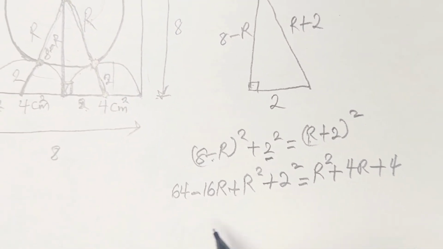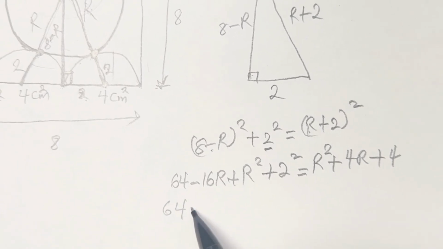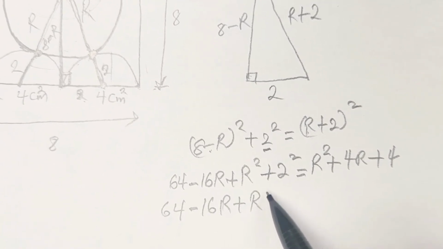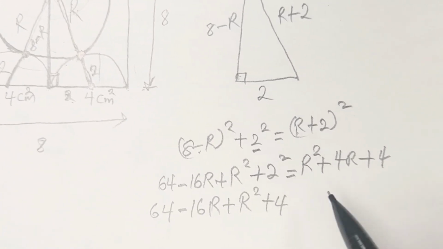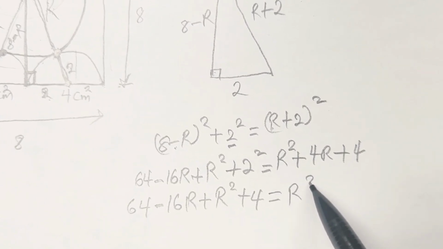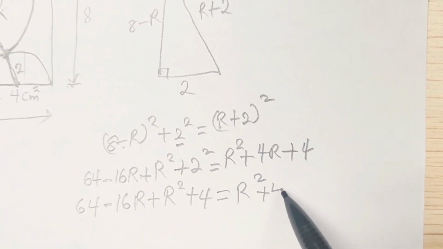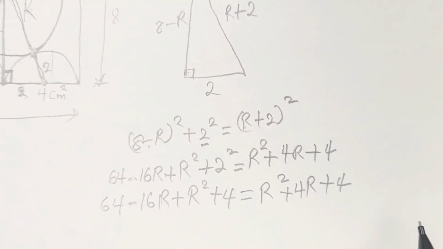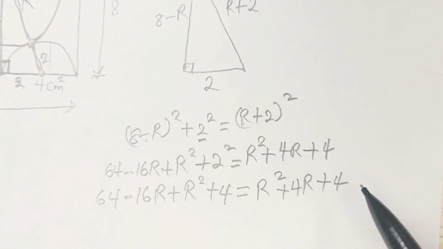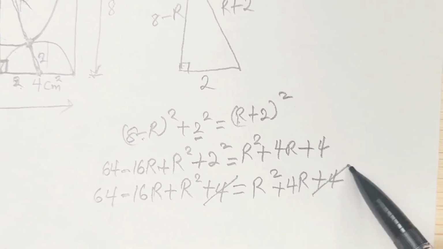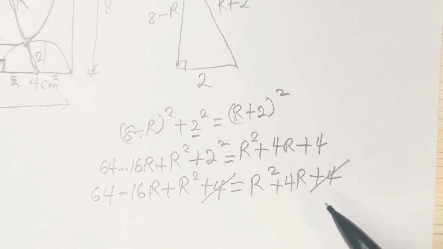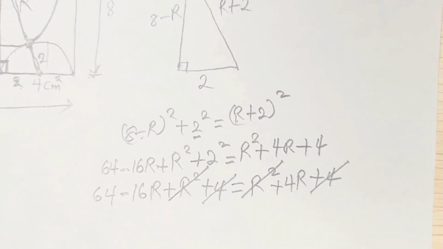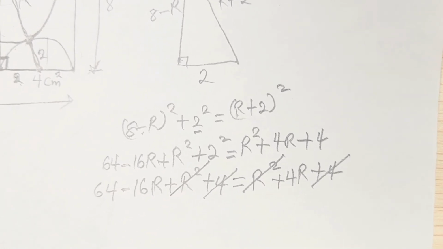So this becomes 64 minus 16R plus R squared plus 4 equals R squared plus 4R plus 4. Let's see if anything cancels out. 4 cancels out. And what else cancels out? R squared. They both cancel out.